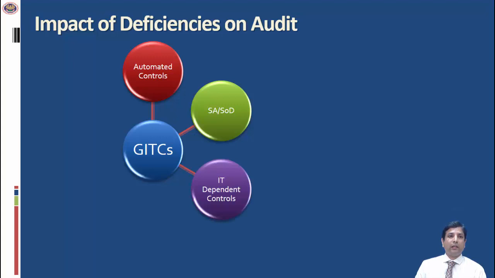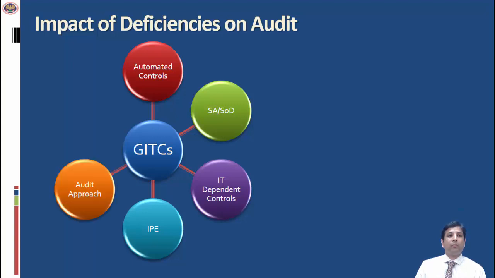The IT dependent controls cannot be relied on if there are deficiencies in GITCs. Also, IPEs, that is information produced by entity, which is the key reports or the data which is extracted from the IT systems and the ERP system, cannot be relied on if the ITGCs are not effective.